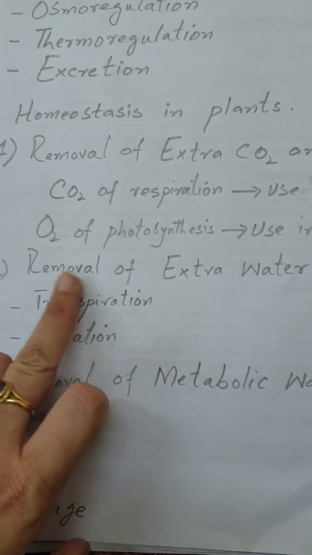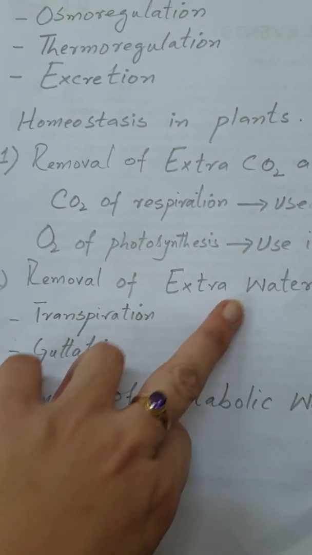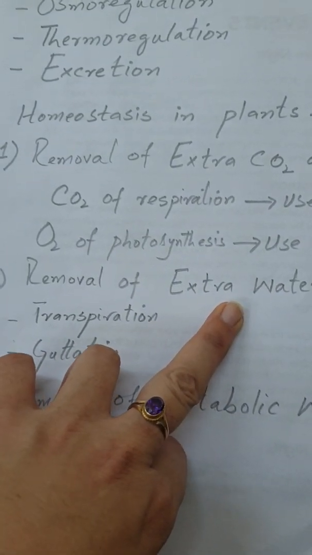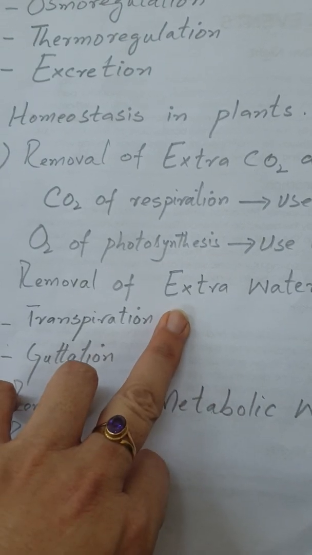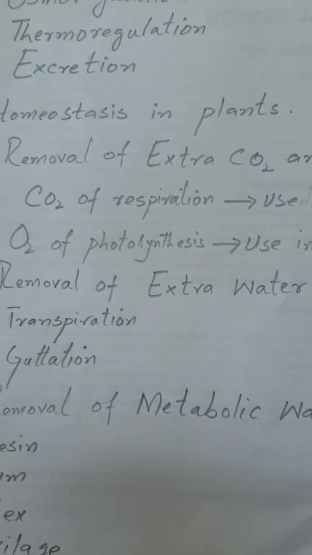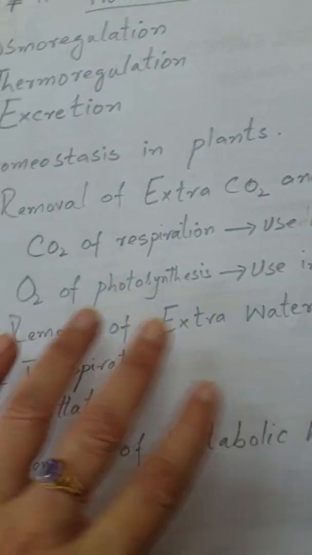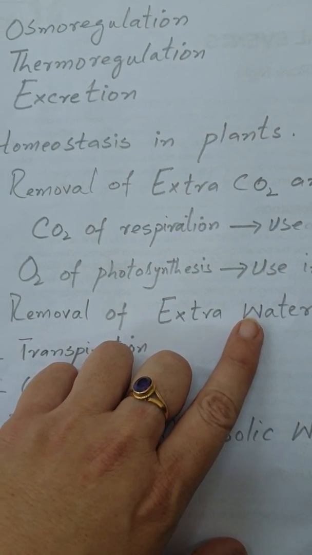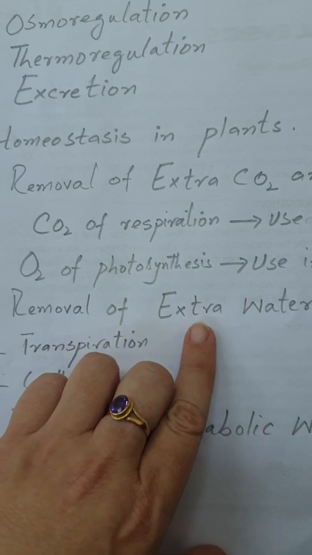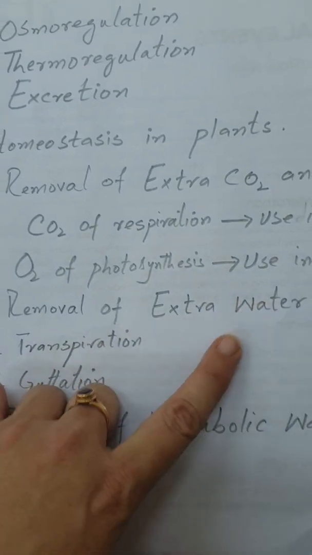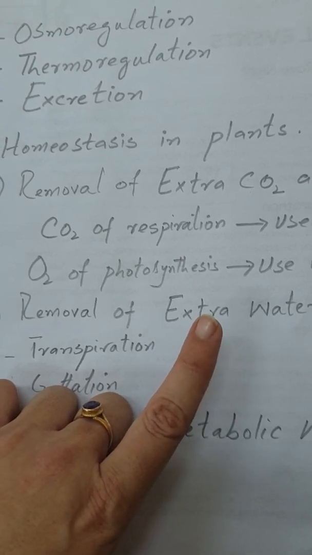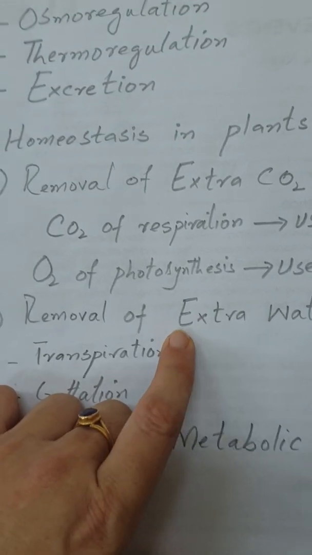Next is the removal of extra water. Water is also produced during different metabolic reactions, and it may act as an extra material inside the body of the plant. In most plants, water is used as a strengthening material, like the plant uses water for turgidity, and turgidity makes the plant structurally strong.